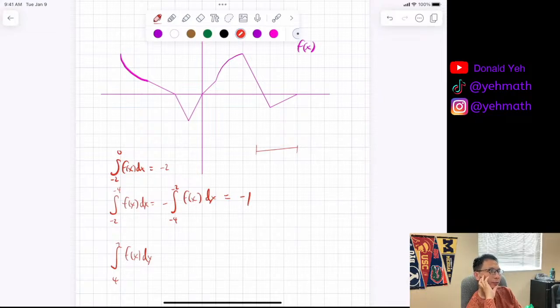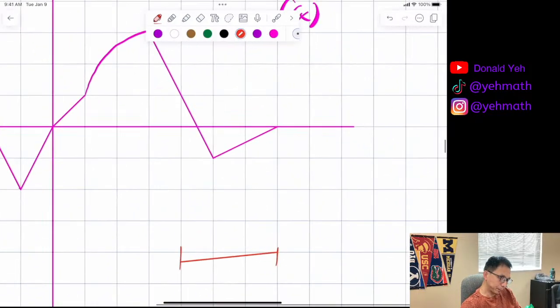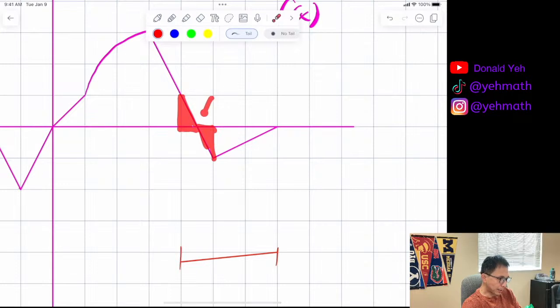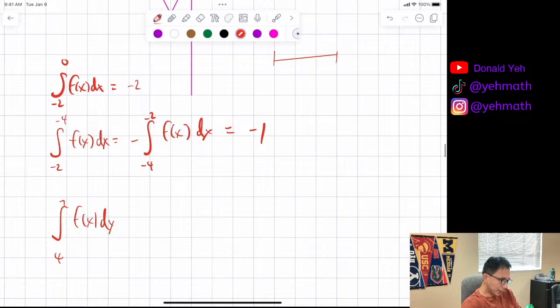All right, fine, Ethan. -1. Do you guys know how you get -1? It's from here to here, right? Look at this part and this part, they offset each other. One's a positive region, one's a negative region. They cancel out each other, just only in this part. That makes sense? And that below the x-axis is -1.